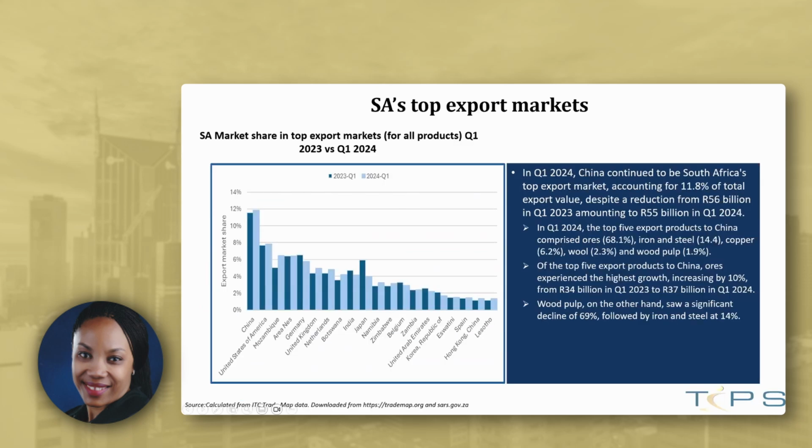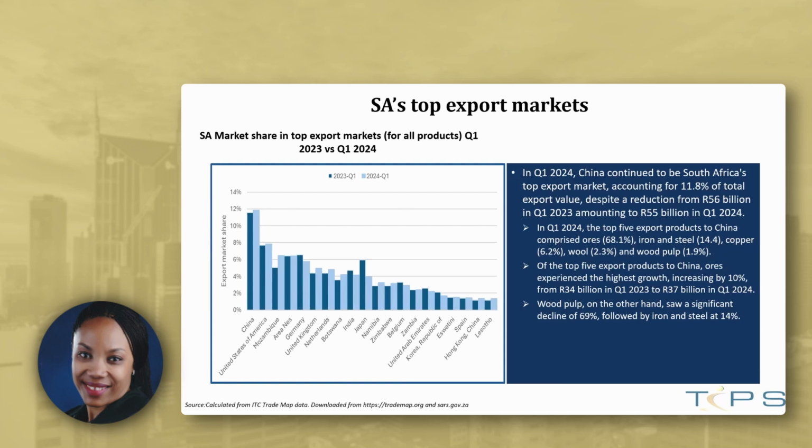Looking at South Africa's top export markets, in the first quarter of 2024, China continued to be South Africa's top export market, accounting for 11.8% of the total export value. This was despite a reduction from 56 billion rands in the first quarter of 2023, amounting to 55 billion rands in the first quarter of 2024.